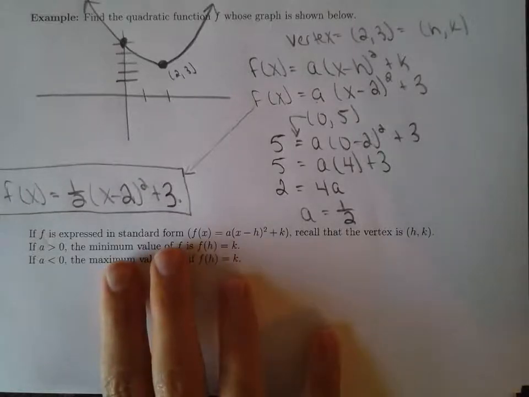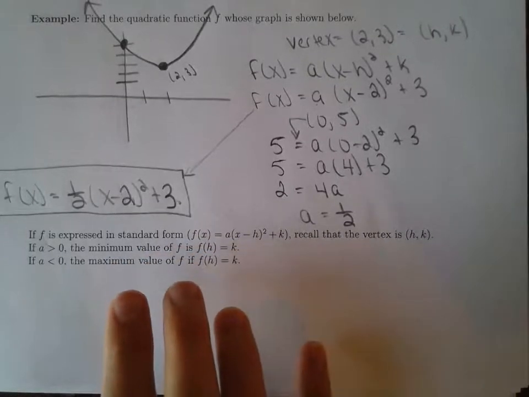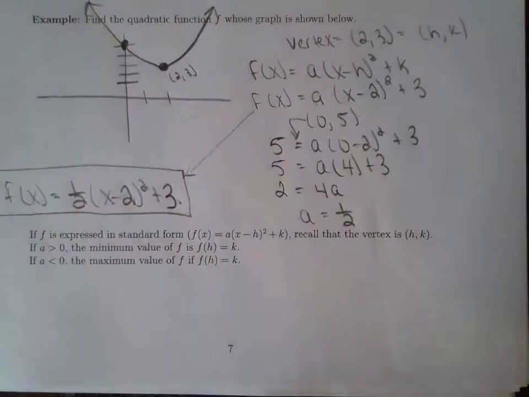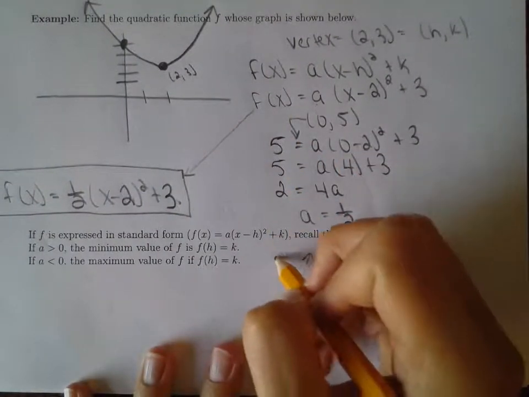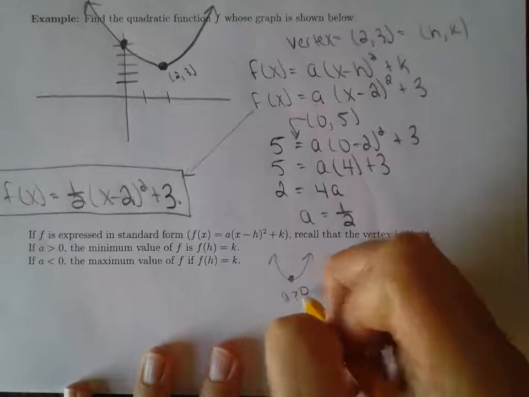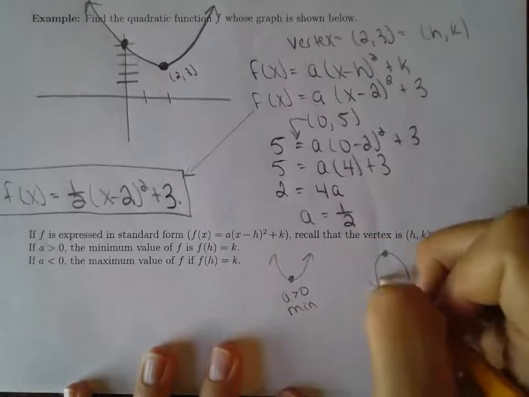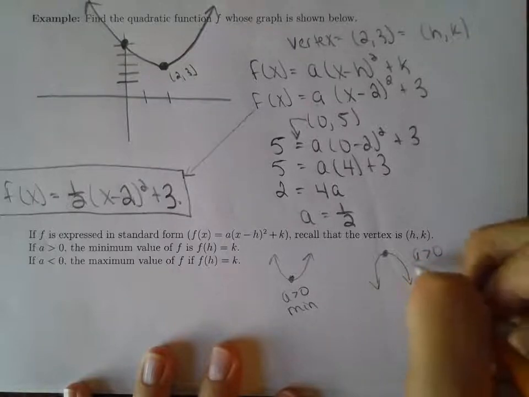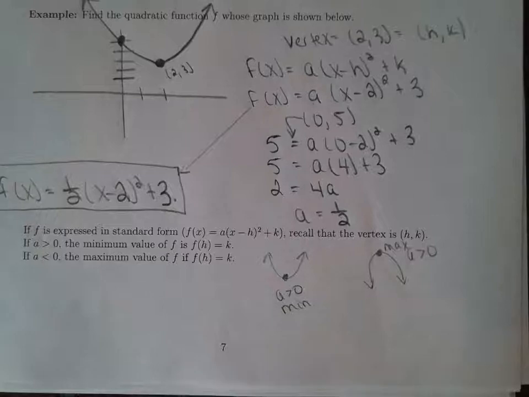If a is greater than 0, the minimum value is f of h equals k. If a is less than 0, the maximum value is at (h, k). If a is greater than 0, it opens up and you have a minimum. If a is less than 0, it is opening down and you have a maximum. You always have a minimum or a maximum point with quadratic functions.